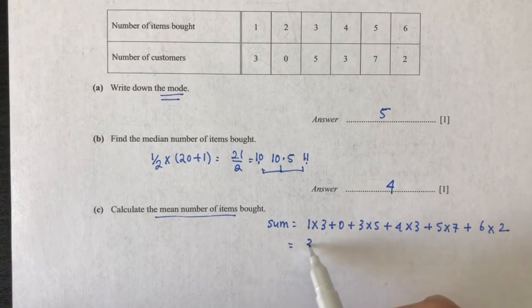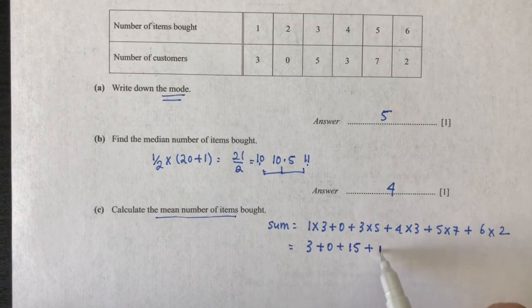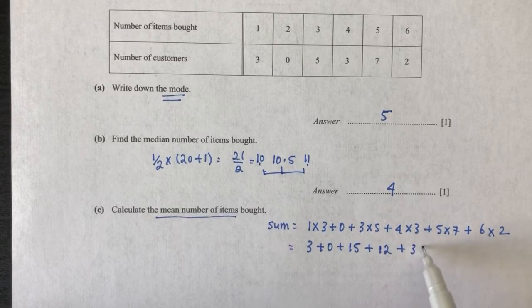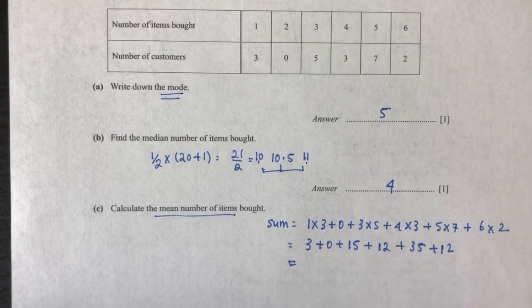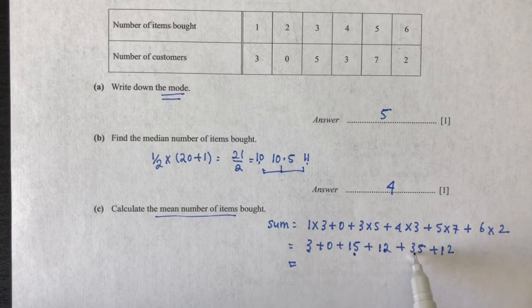Simplify. That is 3 plus 0 plus 15 plus 12 plus 35 plus 12. So now let's add everything up together. 3 plus 12 is 15, 15 plus 15 is 30, 30 plus 35 is 75, 75 plus 12 is 87.